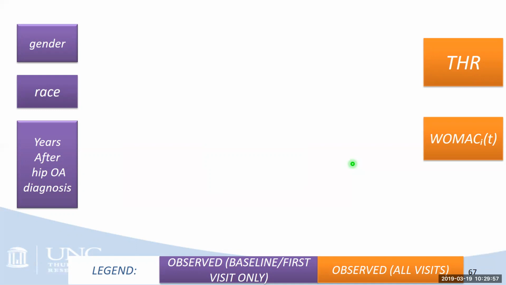And here, WOMAC_it is the WOMAC score for patient number i at time t. In addition, we have the information about hip replacement surgery, both the yes/no indicator and the time of surgery or censoring. So orange square boxes indicate the information that we obtain at each visit, including the first one.